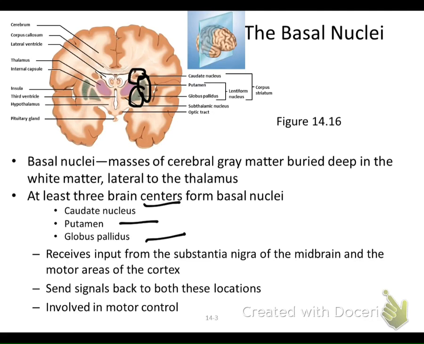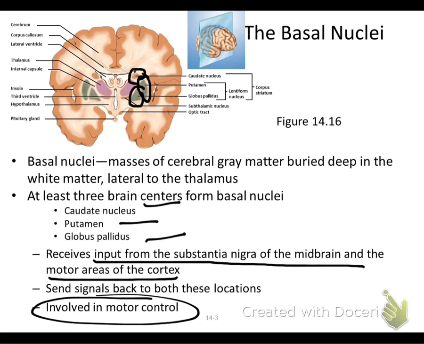Now, what are they doing? Collectively, these nuclei are receiving input from an area called the substantia nigra and from the motor areas of the cortex. So collectively, they are involved in motor control. So you want to have that as your key idea, that these basal nuclei are part of your motor control.